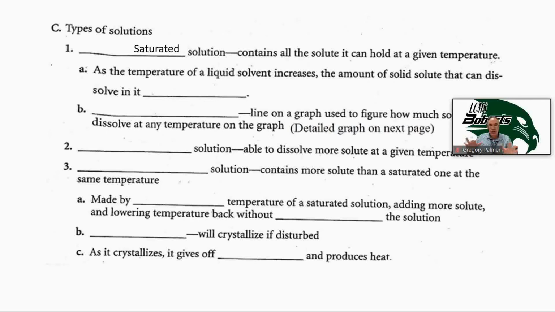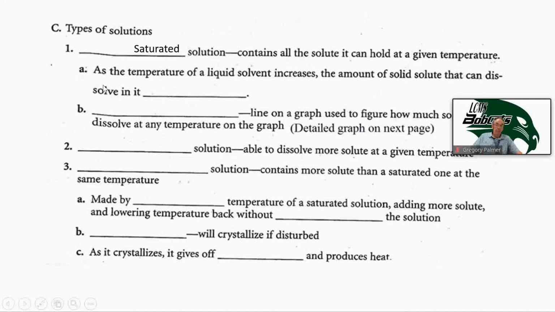So again, the concentrated and diluted are kind of like, if you want to make an analogy to colors, it's like light blue to dark blue, but it's not an exact point. Saturation is an exact point where that really concentrated solution gets full and it won't dissolve anymore. Now, the saturation point changes. It depends on the temperature.